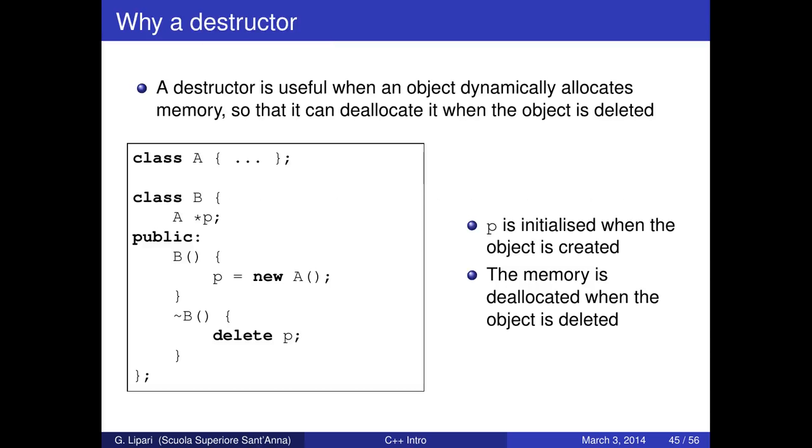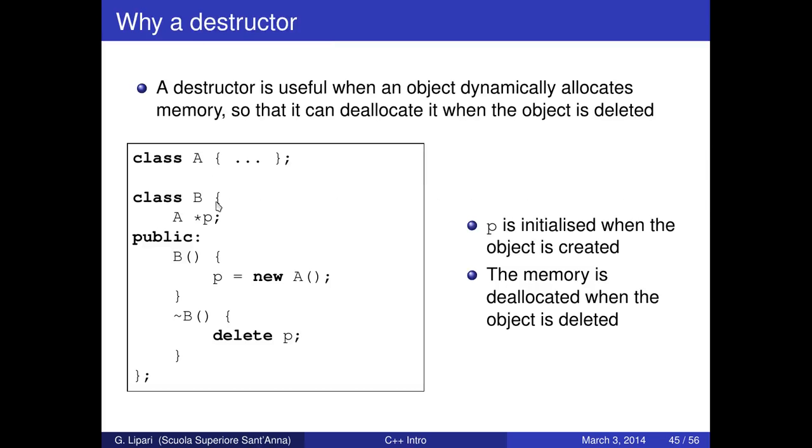Why do we need a destructor? Until now, the destructor has done nothing but print something on the screen. Well, a destructor is useful when an object internally dynamically allocates memory. In this way, when I delete the object, I also delete the dynamically created object.